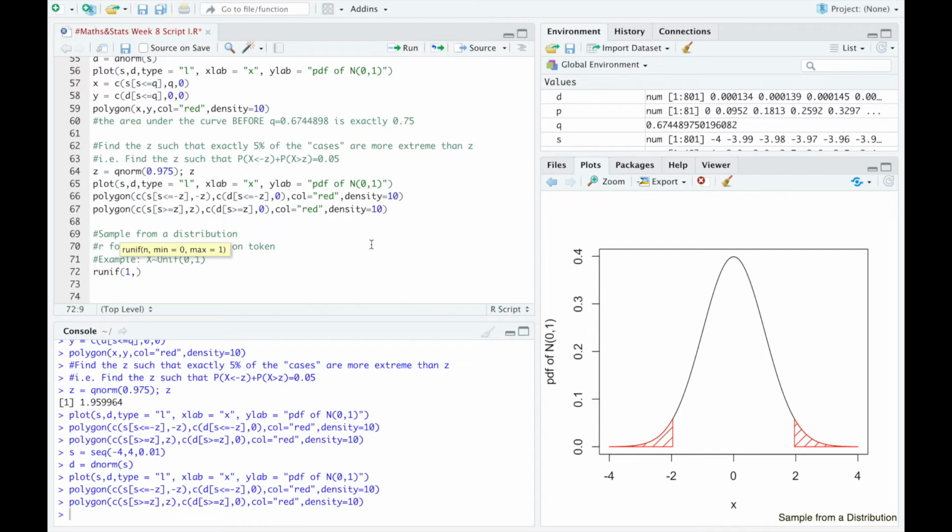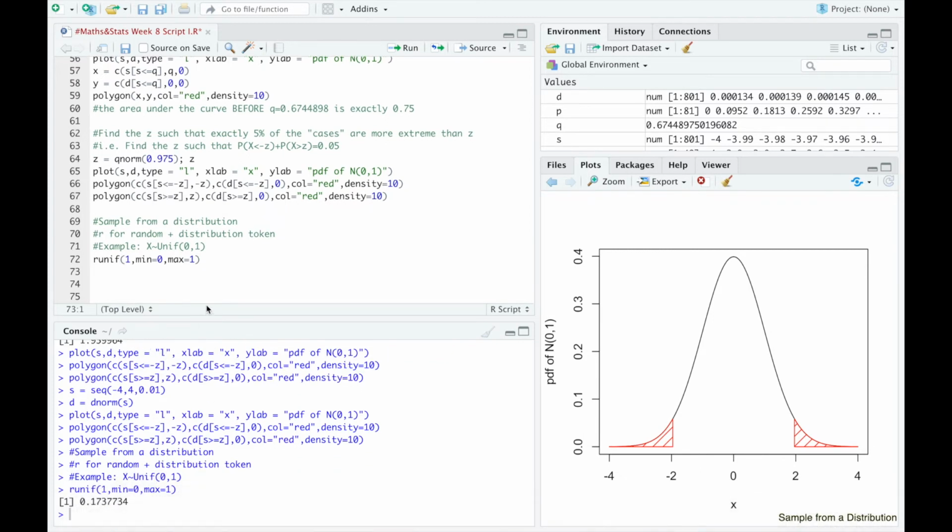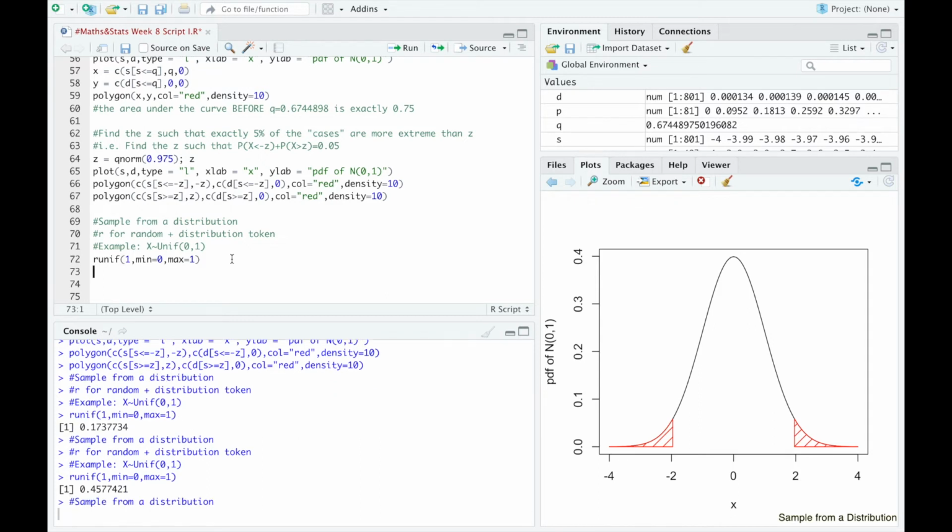The standard uniform is between 0 and 1. As long as you stick to the order, you don't have to specify min equals 0 and max equals 1, but that's up to you. So this is a sample from a uniform distribution. Let's get another one, 0.45, another one.